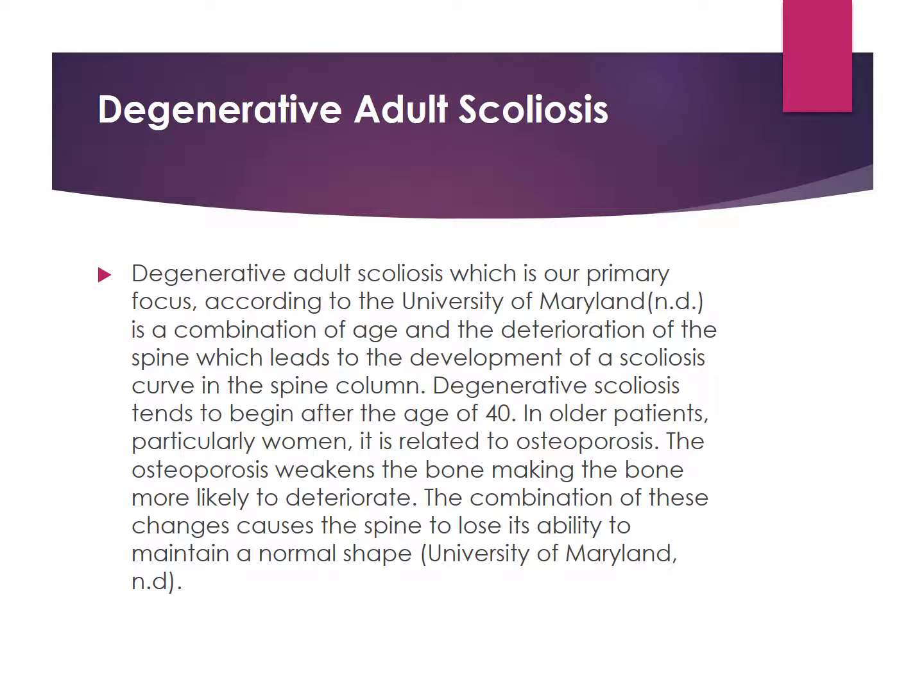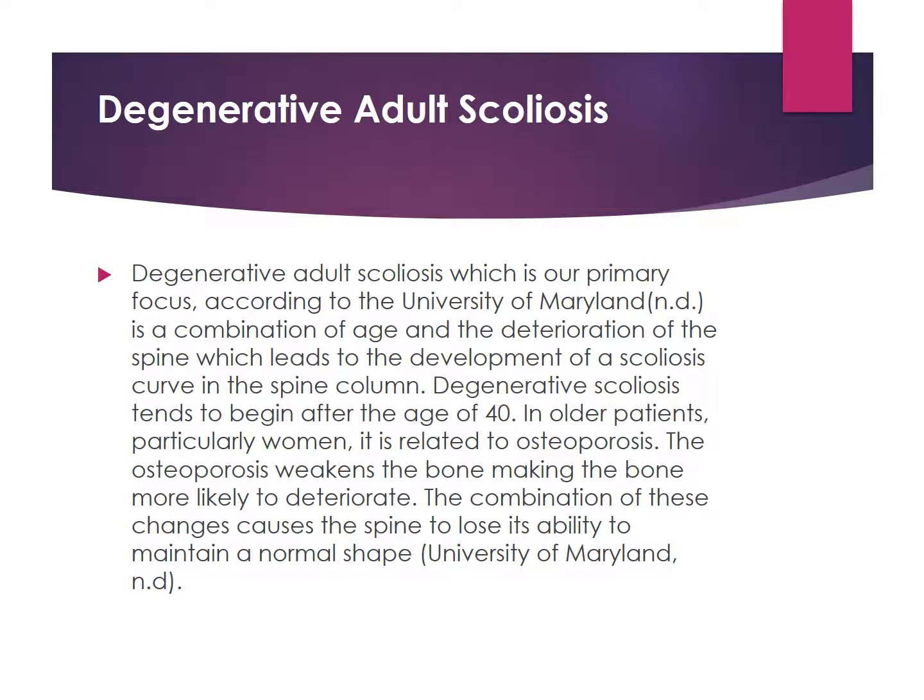Adult degenerative scoliosis, which is our primary focus, is a combination of age and the deterioration of the spine, which leads to the development of a scoliosis curve in the spinal column.